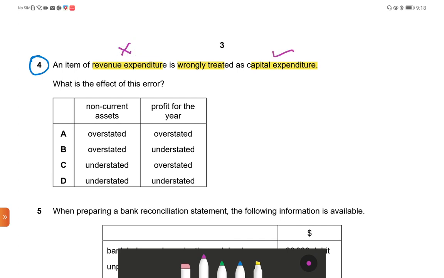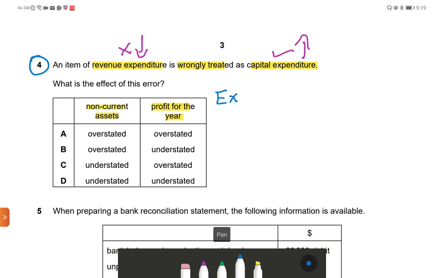So where you have to enter the revenue expenditure, it will be understated and capital expenditure is overstated by the mistake. What is the effect of this error on non-current asset and profit for the year? Revenue expenditure is day-to-day expenditure entering in the income statement. So revenue expenditure is understated.